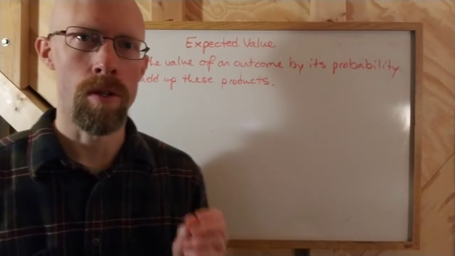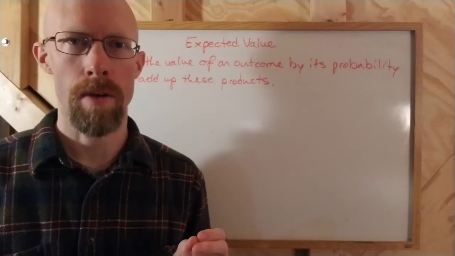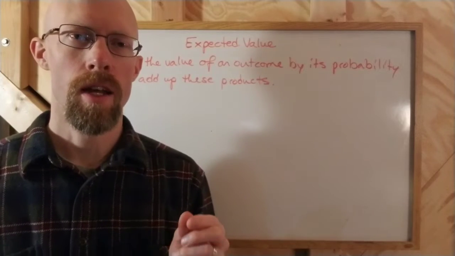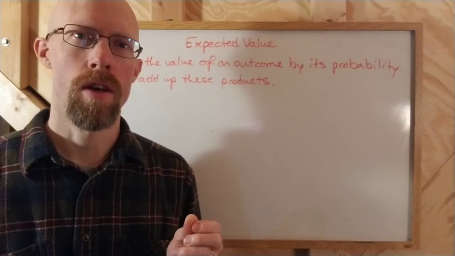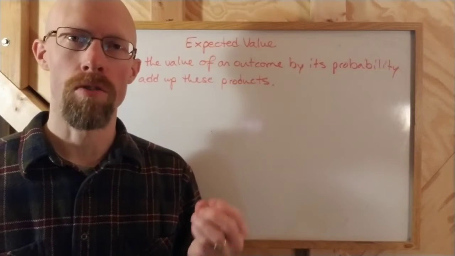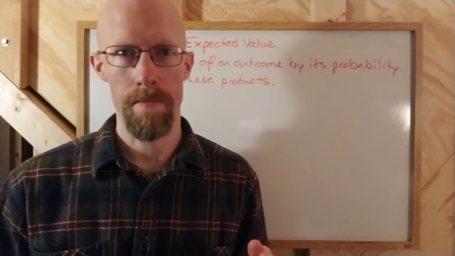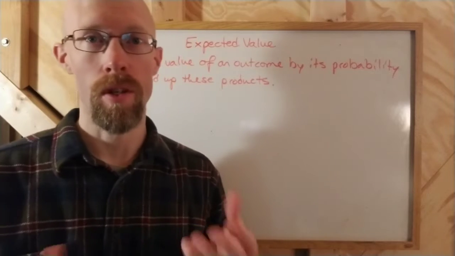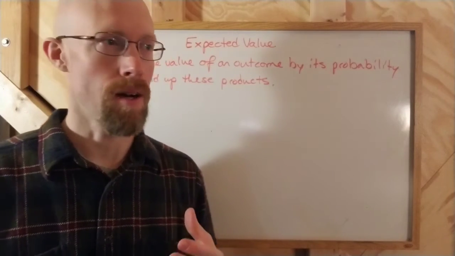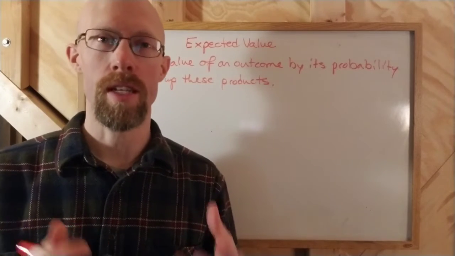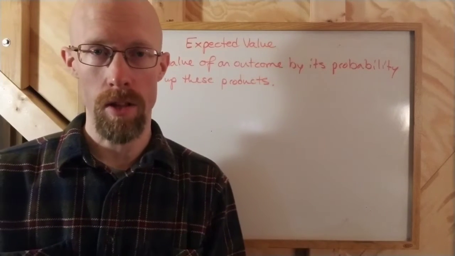There's a couple really important things that we need for expected value, and one of them is that the individual outcomes must have a numerical value associated with them. A real nice example would be rolling a die. You've got numbers 1 through 6. Each outcome has a numerical value.